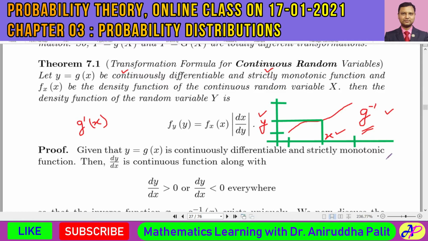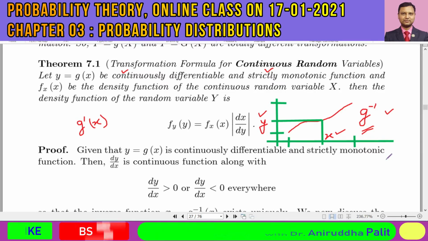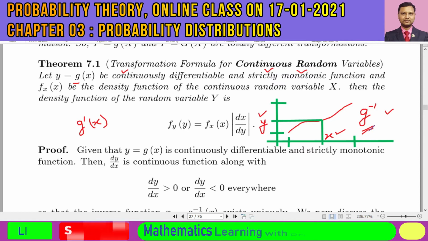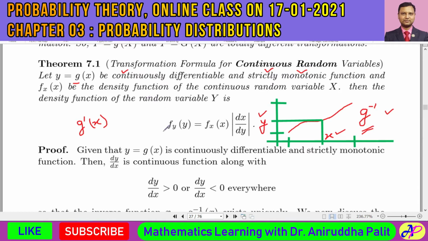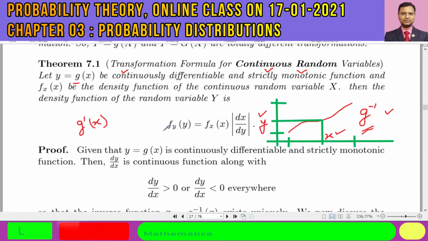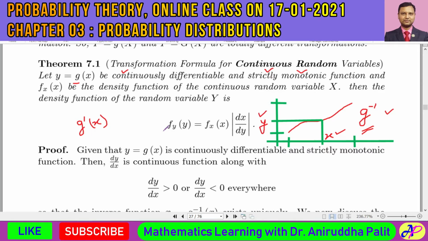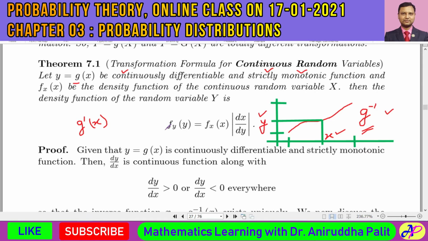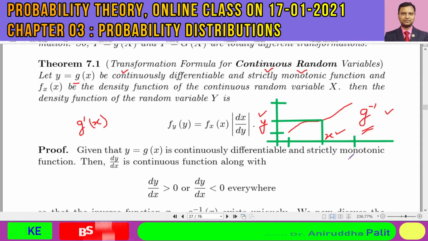That means the inverse function should have a continuous derivative. So these are the properties that follow from the fact that the transformation g is continuously differentiable and strictly monotone. Got it? The inverse function would also be continuously differentiable, and it would be a strictly monotone function.